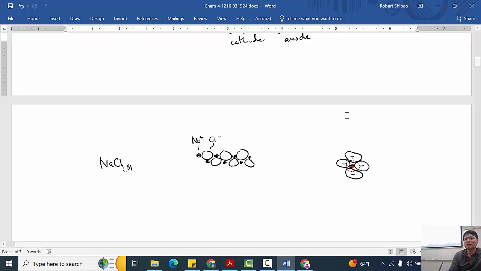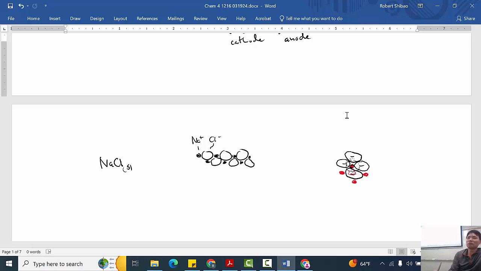No, as many as it can. 1, 2, 3, 4, 5, 6. Each chloride wants to bond with 6 sodiums. And so the ratio is a 6-to-6 ratio.